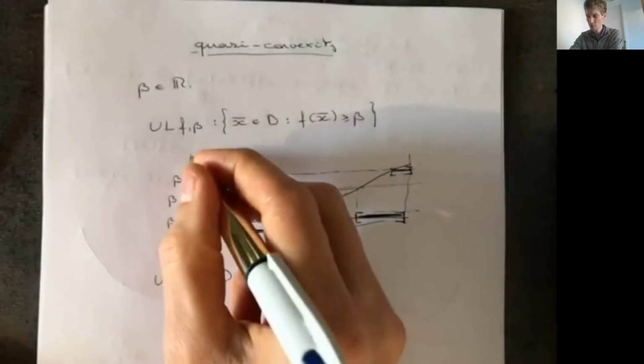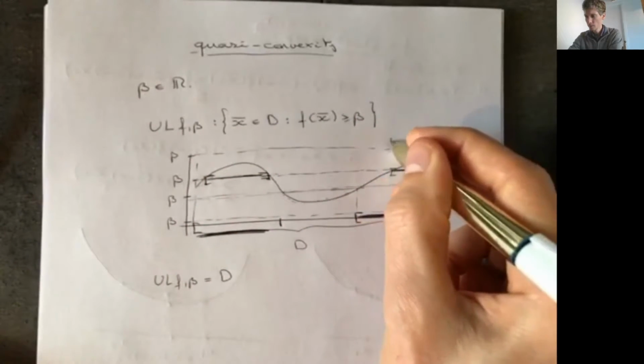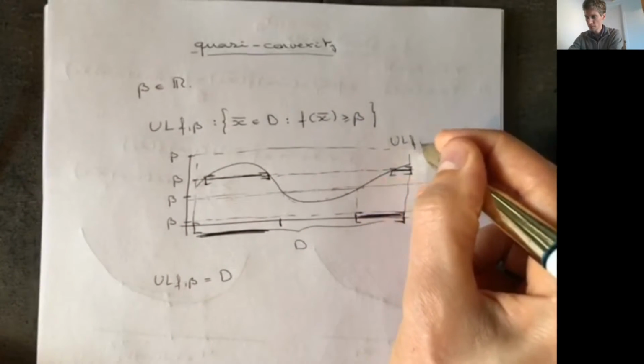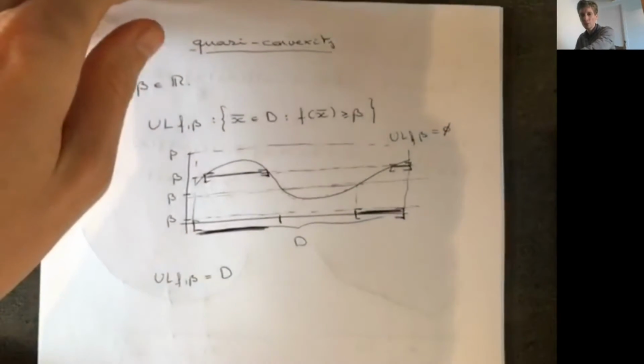If I take a beta here, then the upper level set of f at beta will be the empty set. There's no x in the domain that has a function value greater or equal to beta.